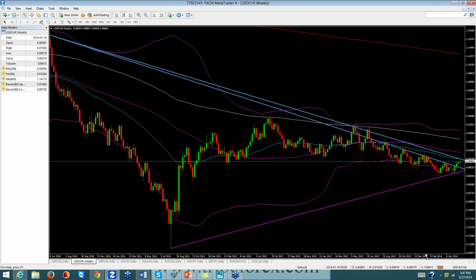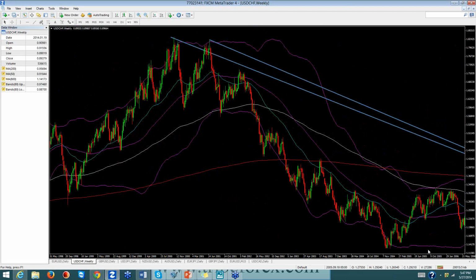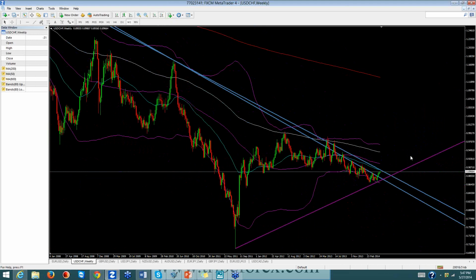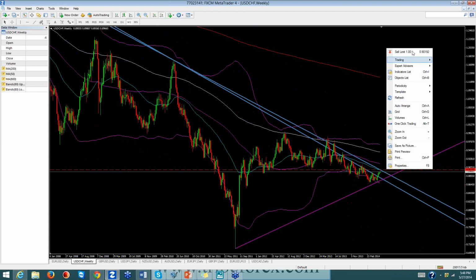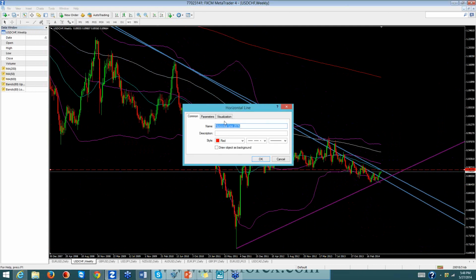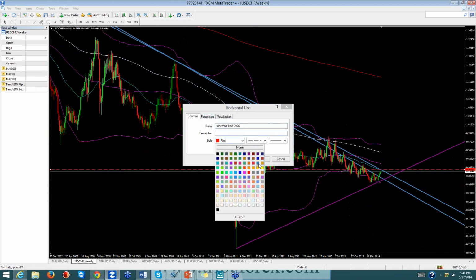We're coming to an apex, though, on this pair, and reaching a peak, which coincides with the 50 EMA on the weekly. 50 EMA is at 90.24, 0.9024. I want to keep an eye on that.